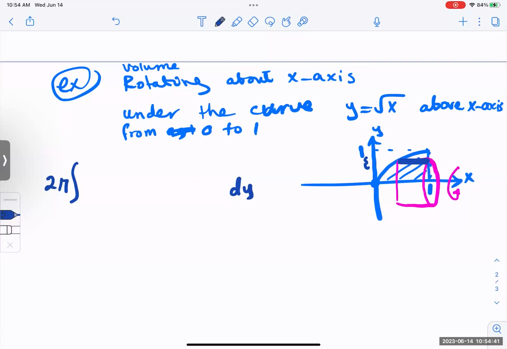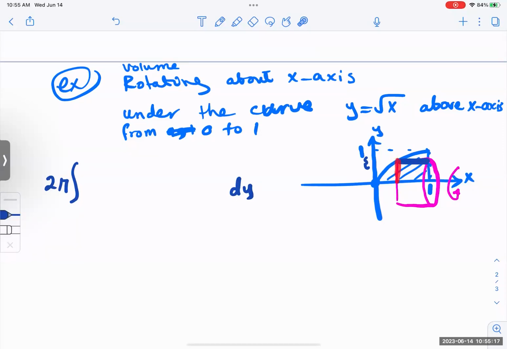r is the radius of any arbitrary cylinder that you take. So r would be this length. Do you agree that this length corresponds to whatever is the y value of my function? Because that's the same thing as this. So this radius is the same thing as this radius and corresponds to whatever is the y value of my function, right? Do you agree?